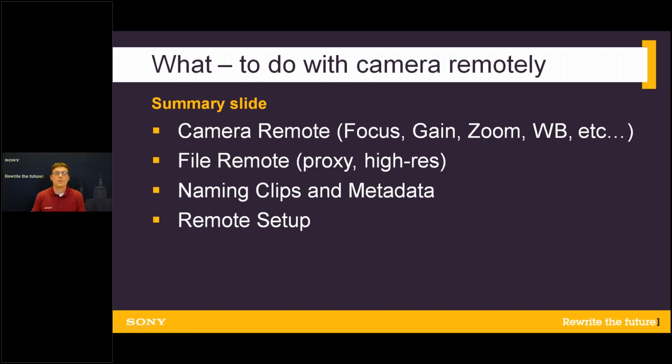We can also do a file remote, so we can be pulling files from the camera, proxy and high-res, and also not only the full files, but also the partial files. Again, both for proxy and high-res, and we can download that files to our local storages. We can also name the clips and we can create a metadata. And we also can activate the remote setup for the cameras to reset the cameras.